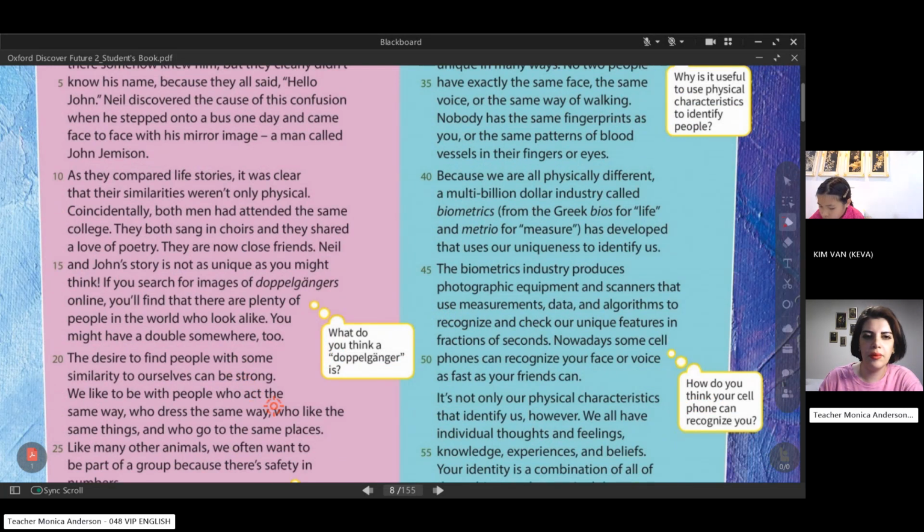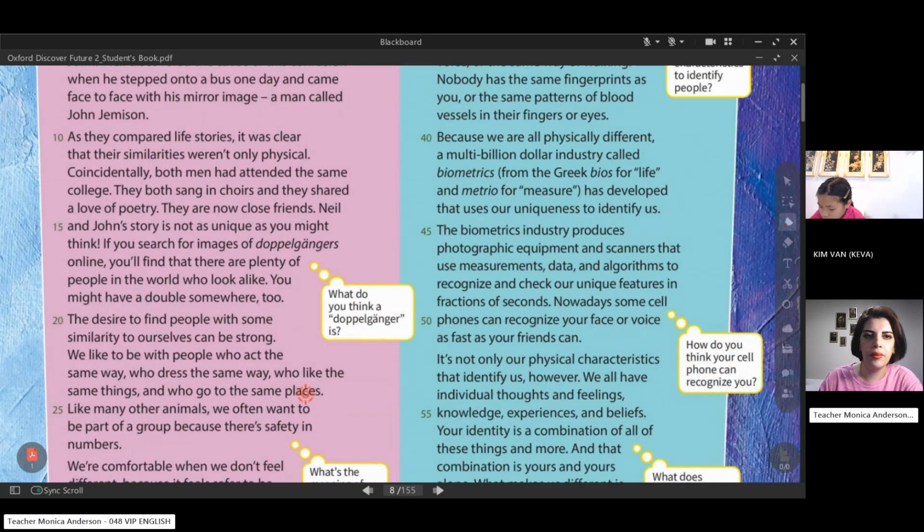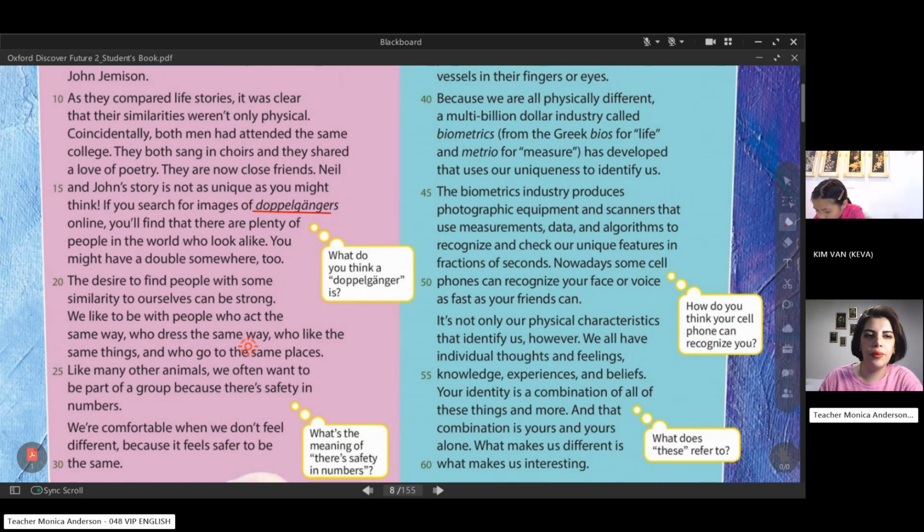Neil and John's story is not as unique as you might think. If you search for images of doppelgangers online, you'll find that there are plenty of people in the world who look alike. You might have a double somewhere too. The desire to find people with some similarity to ourselves can be strong.